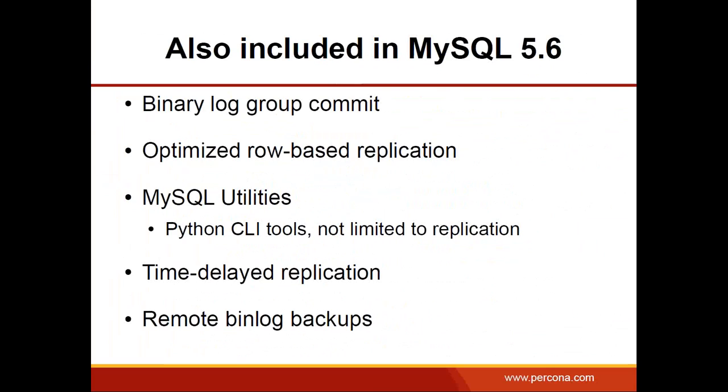It's now fixed. If I remember correctly, it's disabled by default for backward compatibility, but it's probably good to enable it. You have an optimized row-based replication, which can be interesting if you have text fields or blob fields.